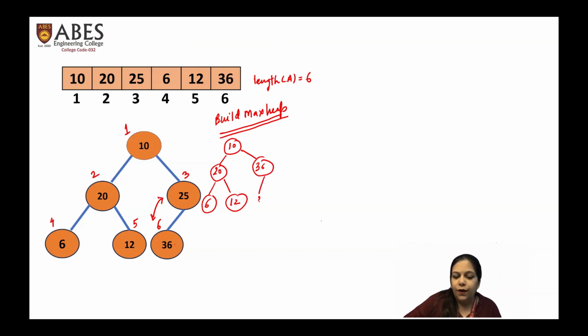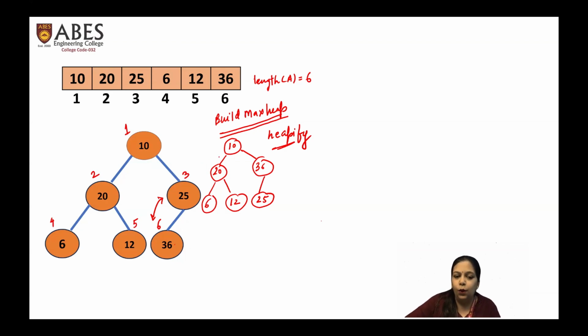Now again, we have to check the node stored at index 2, that is 20, and we have to heapify it. I am using a term here, heapify. Heapify means we have to move the node to its correct position such that the subtree formed by this node is a max heap itself.